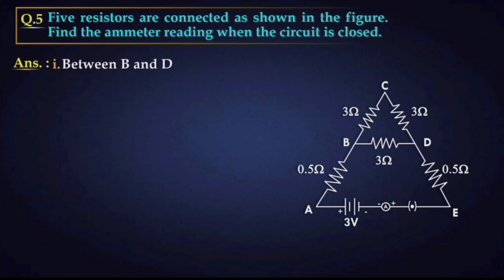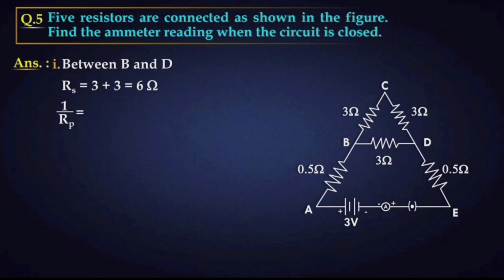Now see here, we have to find out first the effective resistance between B and D. So see, the 3 ohm and 3 ohm are in series combination, and this 3 ohm is parallel to these two combined. So Rs equal to, we will add these two resistances as they are in series combination, so we'll get 6 ohm.